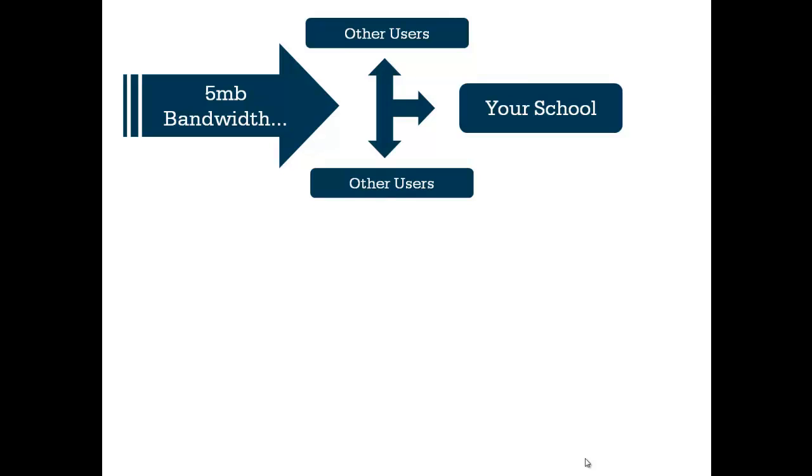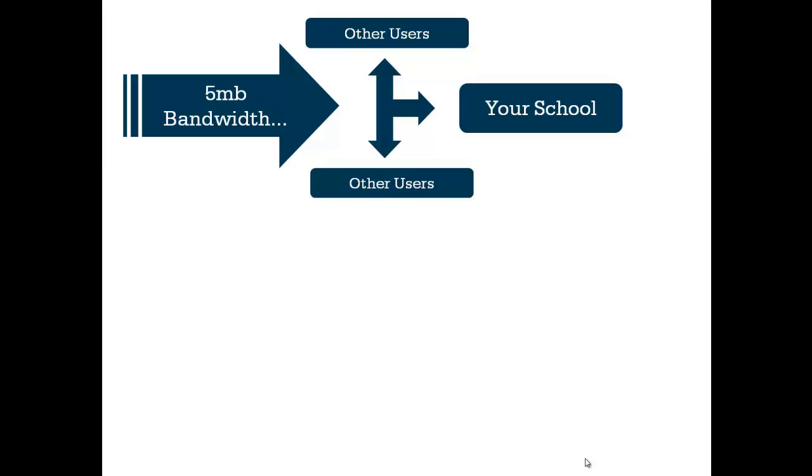But if 30 or 40 other people, maybe 50 or 100, are all using your pipeline as well, sometimes there won't be enough water pressure to get the water to you, or there'll certainly be low pressure. And bandwidth works the same way. If those other users are using a lot of bandwidth, there'll be less left for everyone else. So maybe that 5 meg, by the time it gets to your school, might be as low as 2.5.